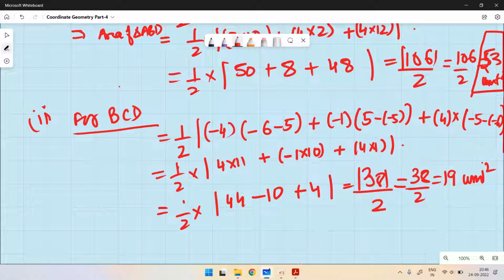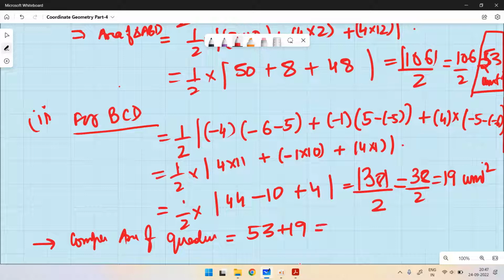This is the area of this, now complete. The area of the quadrilateral is given by this: 53 plus 19, the area of both of the triangles, which is nothing but 72 unit square.